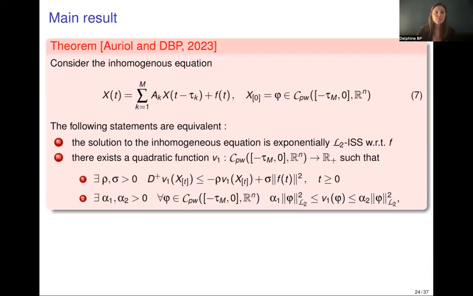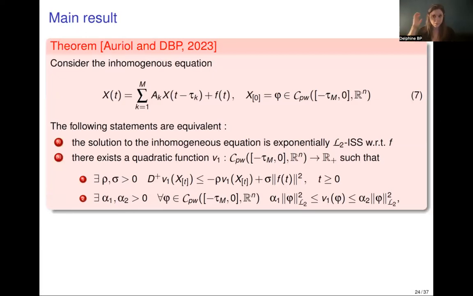So we were then able to establish this theorem, which tells us that the L2 input-to-state stability of this inhomogeneous equation is equivalent to, first, the existence of the quadratic function v1, which is such that the derivative of v1 is upper bounded by minus rho v1, for rho a certain positive number, plus sigma f squared.